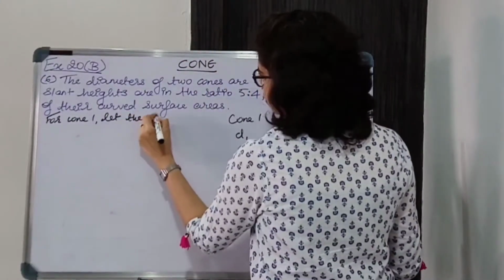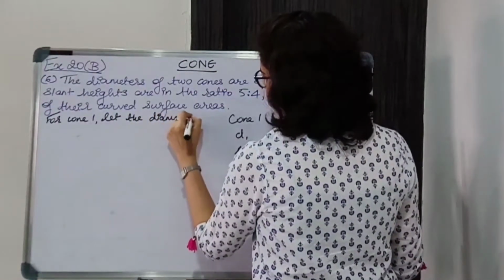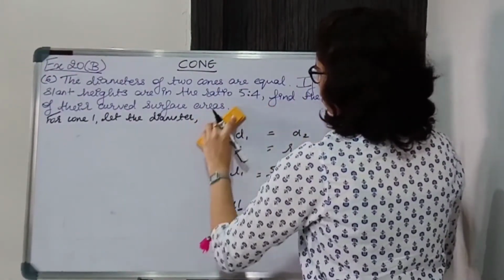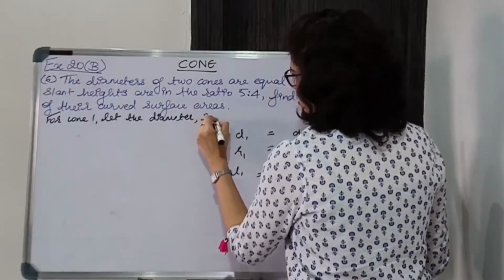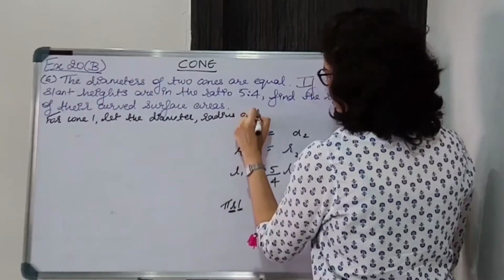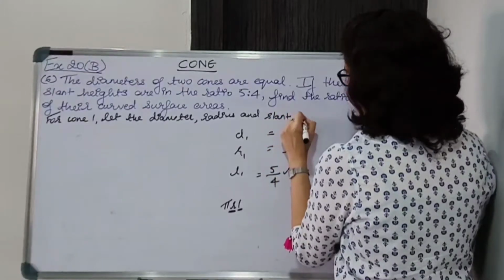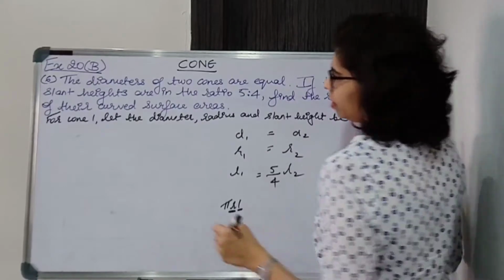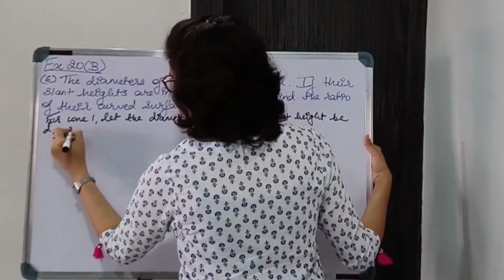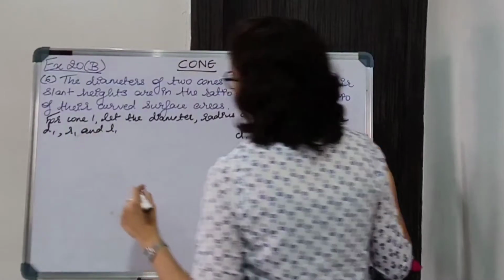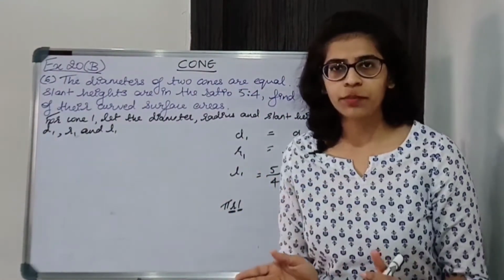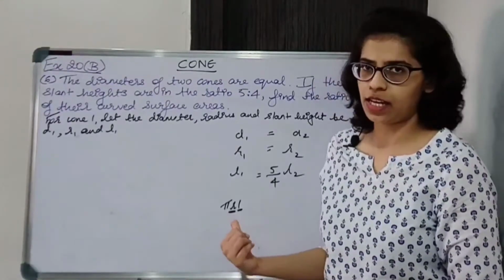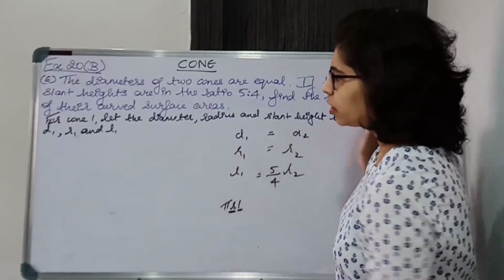Let the diameter, radius and slant height be d1, r1 and l1. Over here perpendicular height is not in the picture because the curved surface area formula consists only of r and l. Okay, so h is not considered over here.